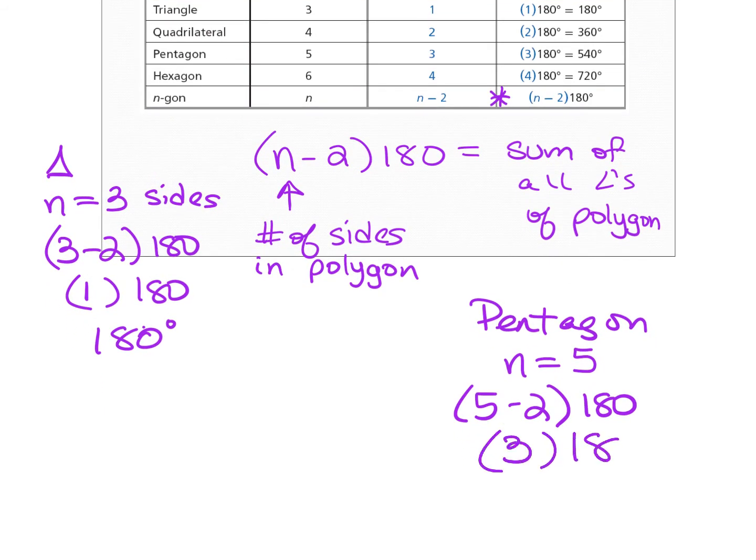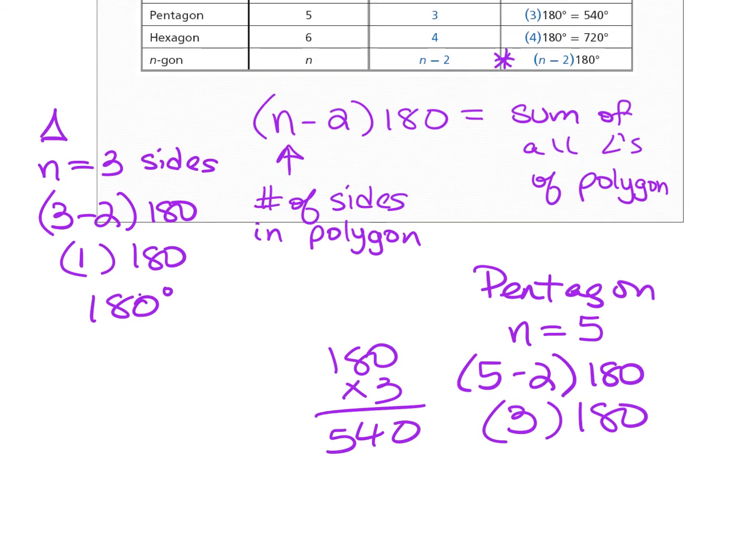So I'm going to do 3 times 180, and this gives me 540. So the sum of the interior angles of a pentagon are going to all add up to be 540 degrees. We will not be using a calculator, so just make sure your basic multiplication skills are good.